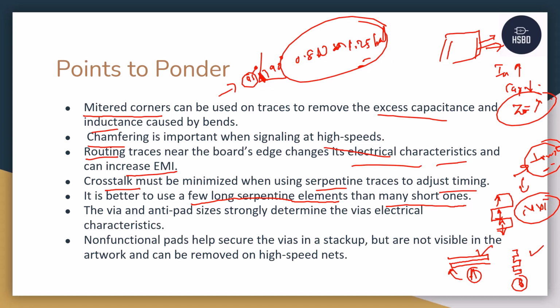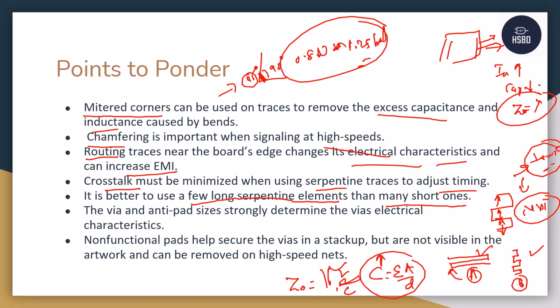The via and antipad sizes strongly determine the via electrical characteristics. As I mentioned earlier, the capacitance is epsilon A by d, and Z naught is square root of L by C. Whenever your capacitance increases, your impedance goes down. And how does capacitance increase? When you increase the area of the parallel plates, and if you decrease the distance between the traces. If you increase the antipad, as I mentioned earlier, the antipad acts as a distance, so your capacitance will go down and your impedance will increase.